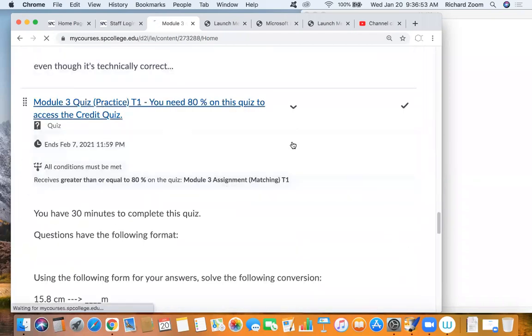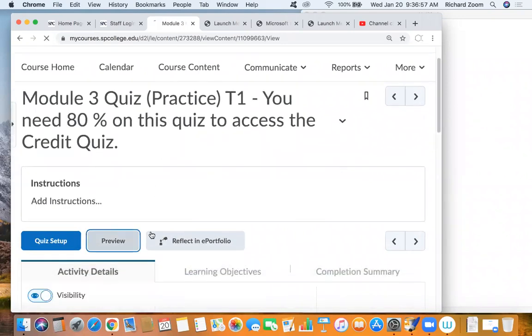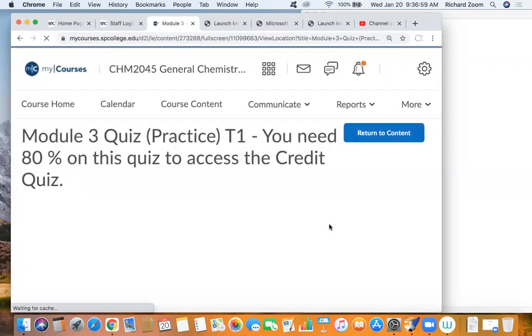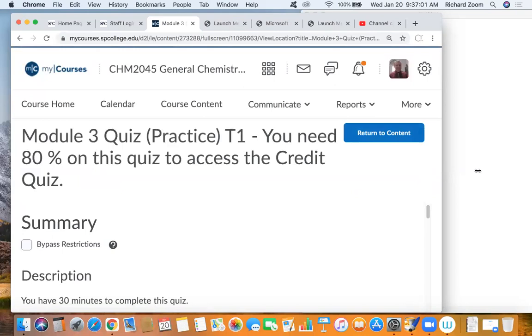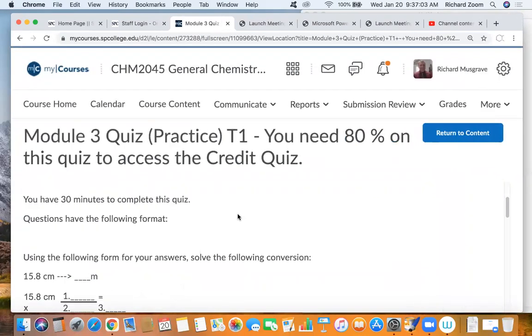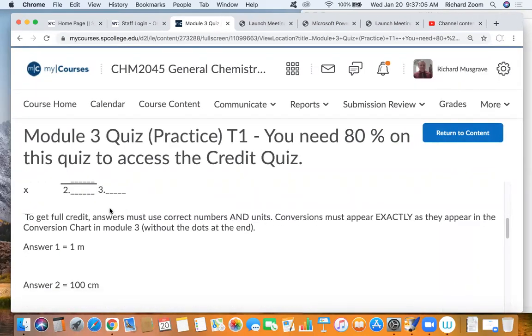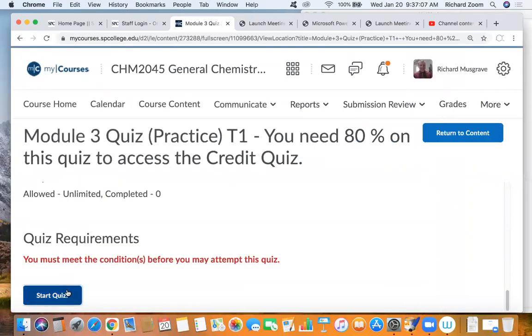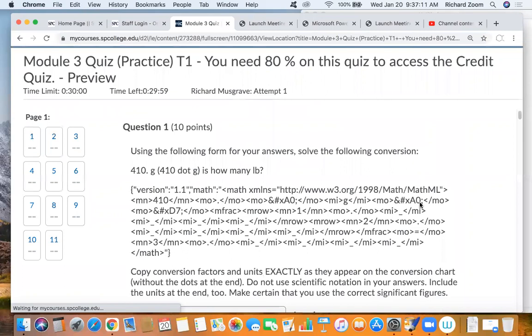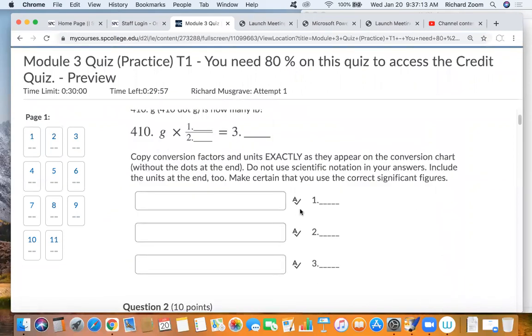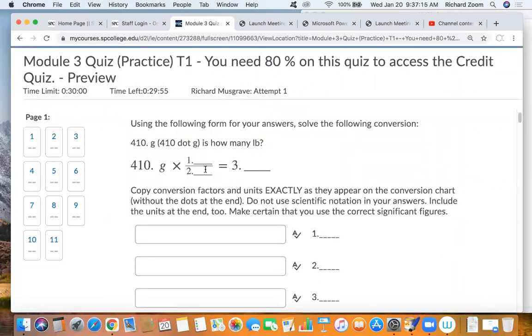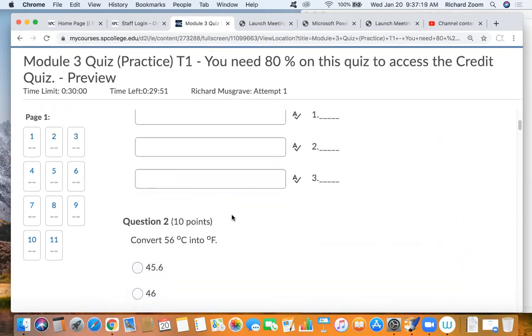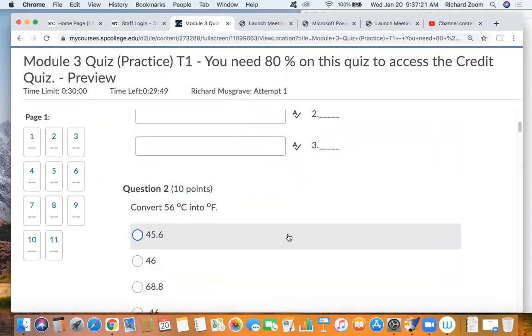Then you've got the Module 3 practice. For this one, you'll use the conversion charts that are in the survival guide. And for this, you'll type in what goes in 1 and 2 exactly, and 3, of course, which is the answer.